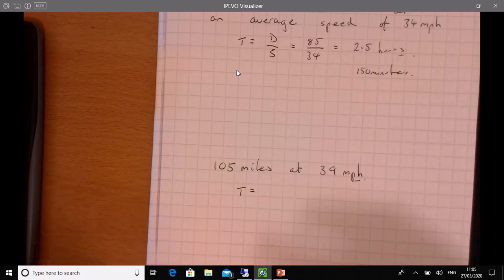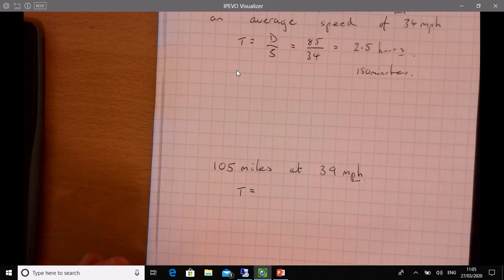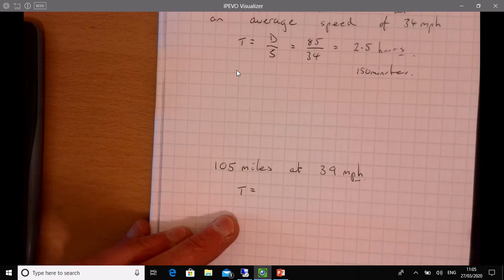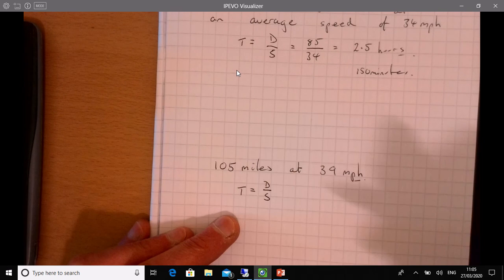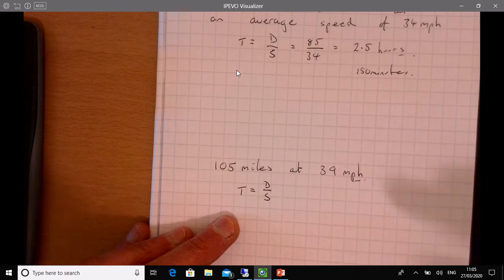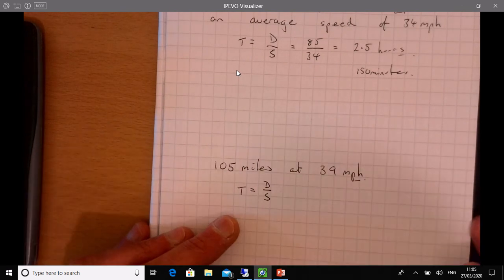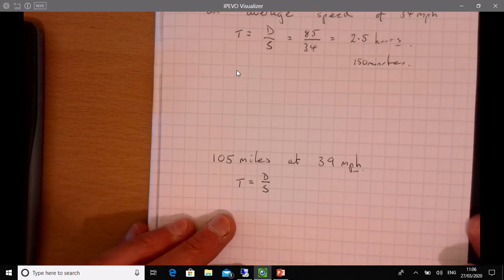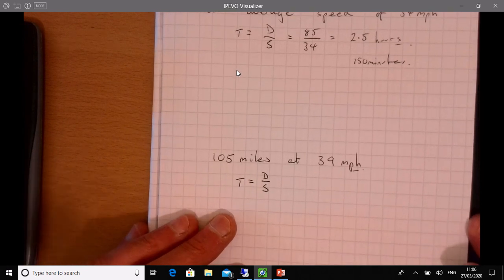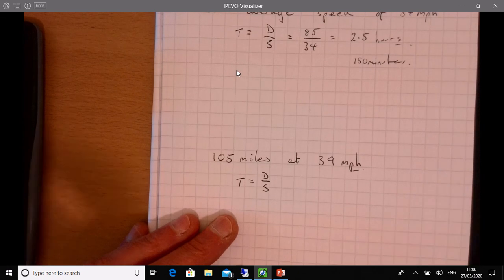Now remember, the more times you write this down, the more it's going to help you. But if you're not sure, then think about what speed actually means. Yes, you can remember the little triangle, but like I said, I don't really like that, because if you misremember it, then you're stuck. Understand the concept, and it's simple.